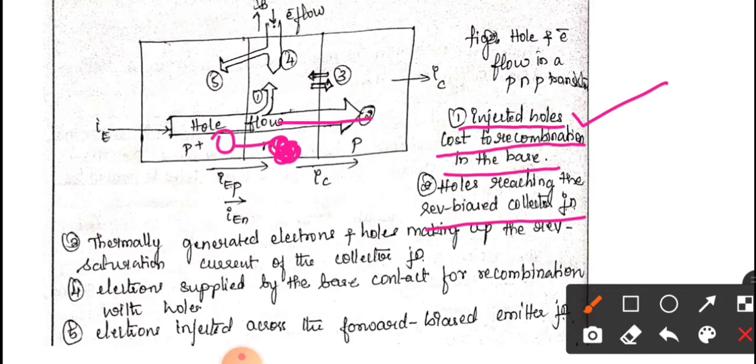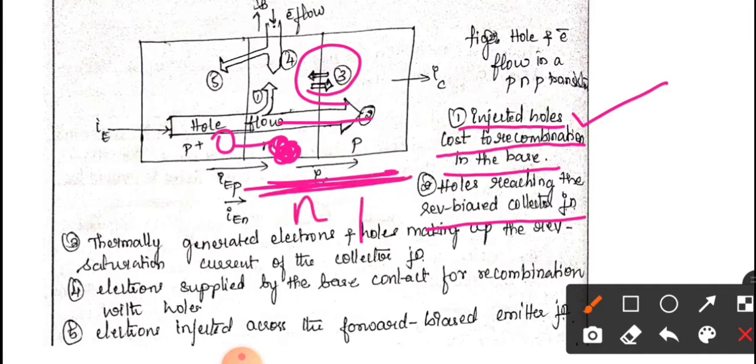Now you can see 3. What is component 3? This is our reverse biased PN junction. So there will be certain thermally generated electrons and holes making up the reverse saturation current at the collector junction.